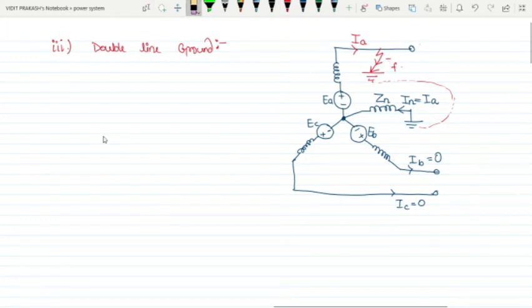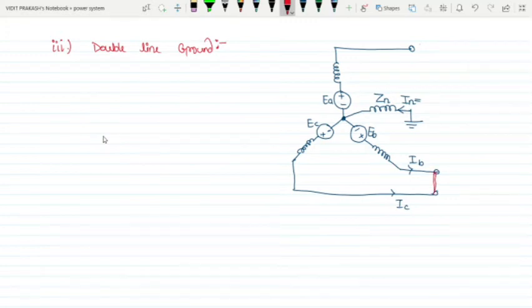Now in a double line to ground fault, two lines get short circuited with ground. Suppose phases B and C are short circuited, and this gets short circuited with ground. So there will be involvement of ground, and through this the current will flow in the neutral path of the machine, that is IN.